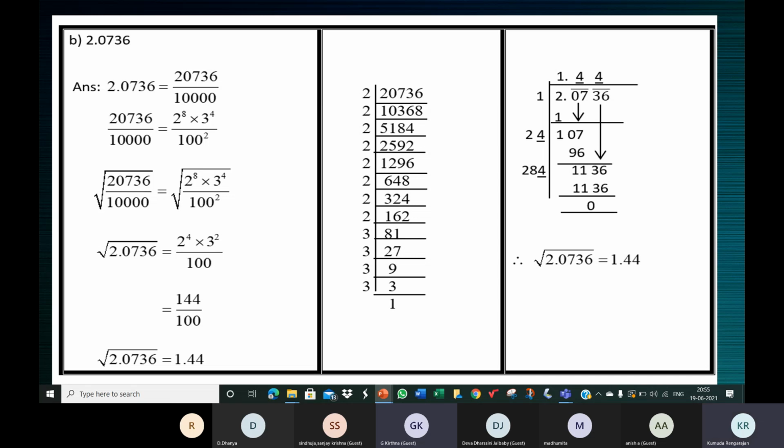Now where does 2809 lie? Between 10 square and 20 square, or 20 square and 30 square, or 30 square and 40 square? It lies between 50 square and 60 square.